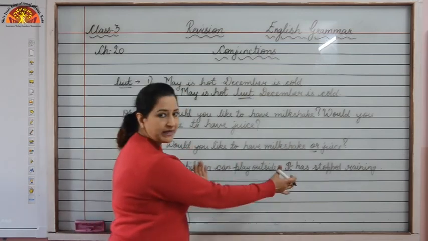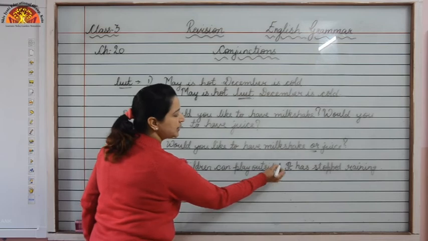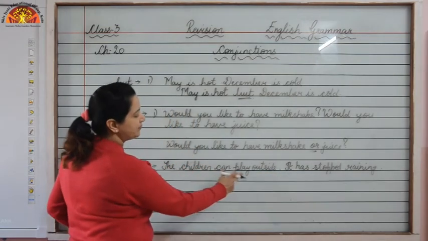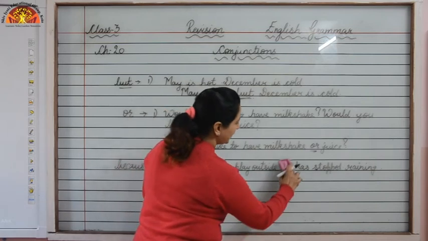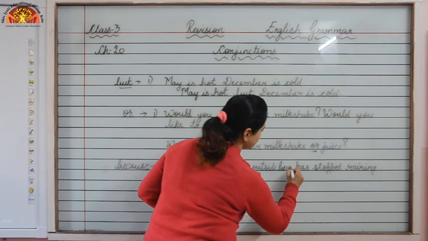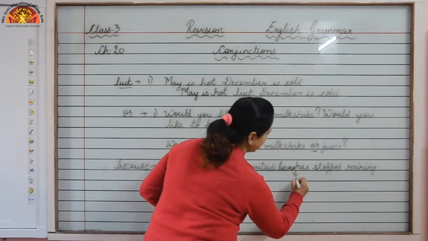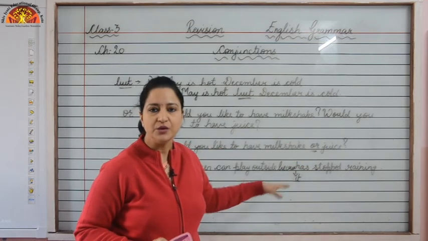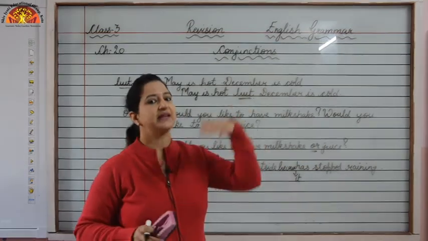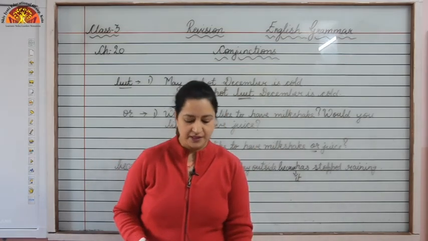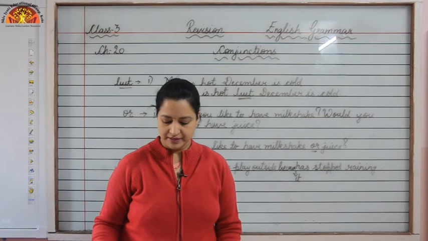Now we'll join these sentences by using because. So what we will do: the children can play outside because it has stopped raining. So when you want to join two sentences together and the second one is the reason for the first one, you use because. So that's it for conjunctions.